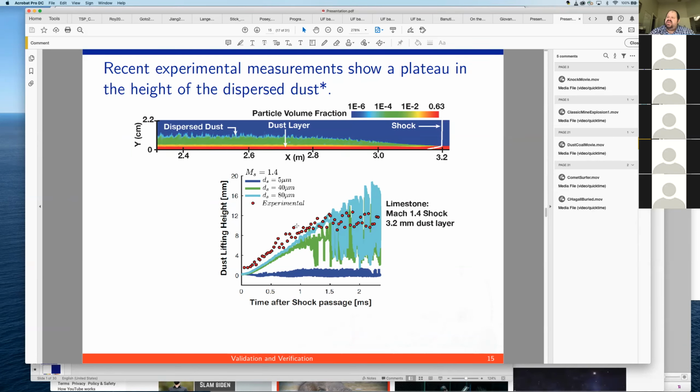If we take these points here and slide them down, our definition of the dust lifting height matches very well with the experimental measurements. Okay.